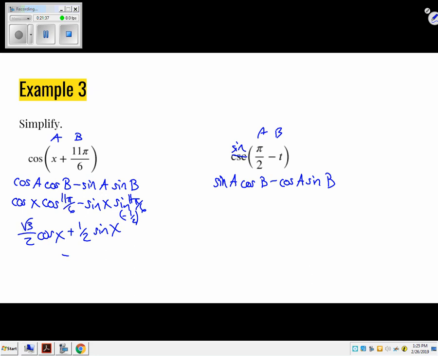Let's plug in our values on this. Okay, so sine of pi over 2 cosine of t minus cosine of pi over 2 sine of t. Interesting.